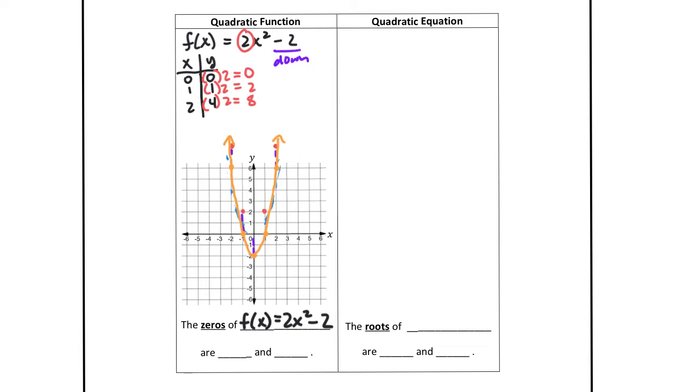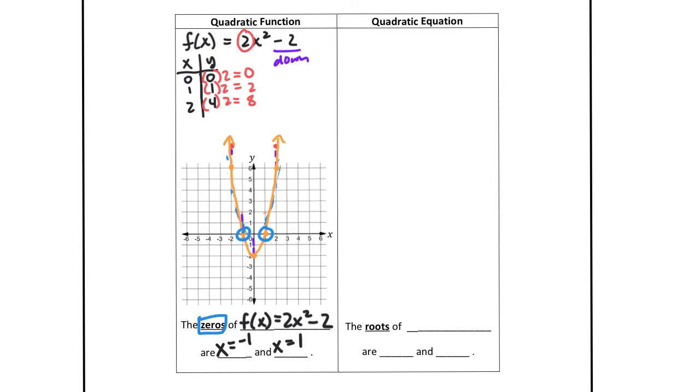So where does the graph intersect the x-axis? And so the zeros, I'll put them in blue. It would be here and here. So that's at -1 and +1. So x equals -1 and x equals +1.